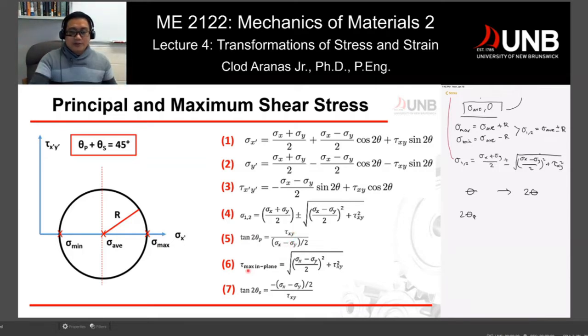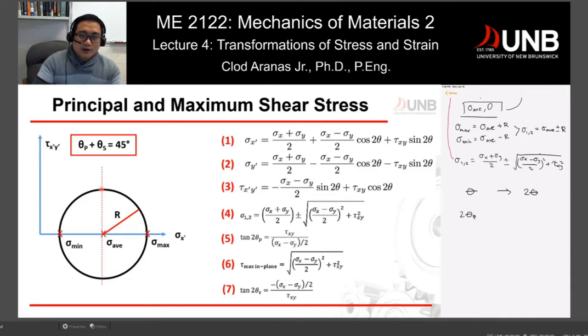Now, how about your tau maximum in plane? What is tau maximum in plane? You go back to your circle. What's our tau? That's your y-axis right here. And if you talk about maximum in plane, you're talking about this maximum point here. The values of your shear stress would not go out of this circle, and the maximum value is this point.